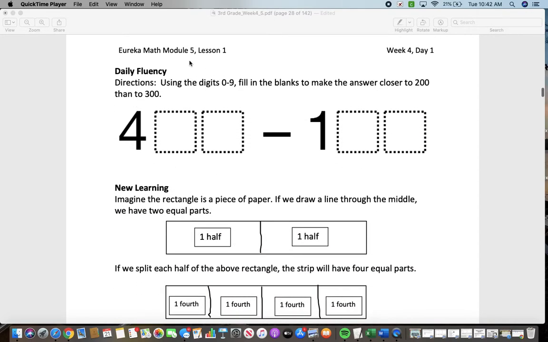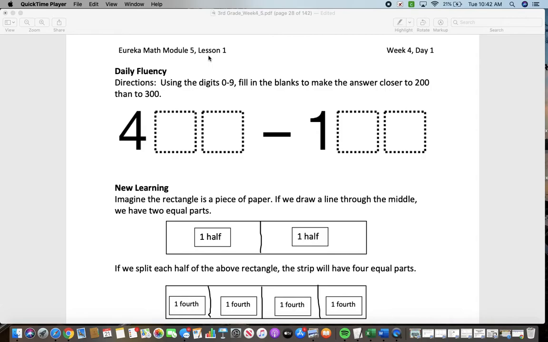Day 1, lesson 1, you will have noticed that it always starts out with a fluency. What I would like to really challenge you to be doing is practicing your multiplication facts and your division facts. However, today's fluency has you really think about rounding in a way.